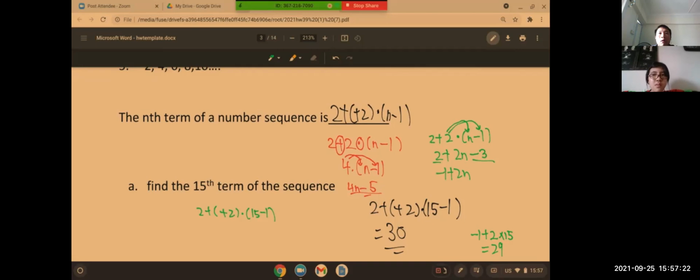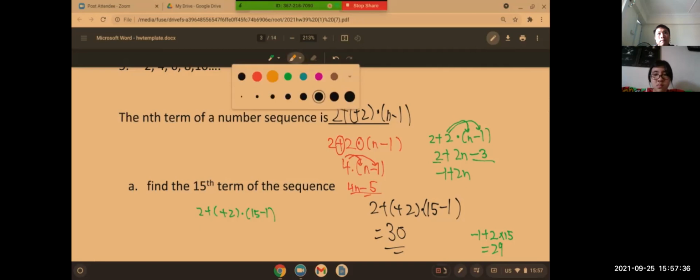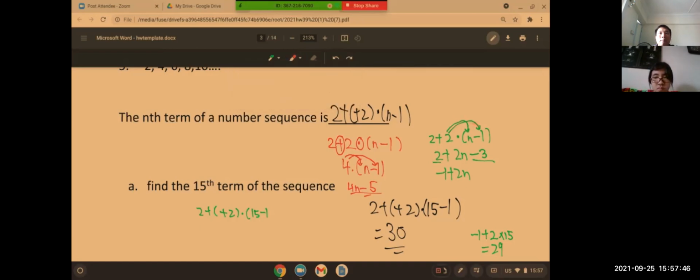What? Second arrow. Go and highlight your second arrow. Use a red pen. Yeah, second arrow. Can you read it out?